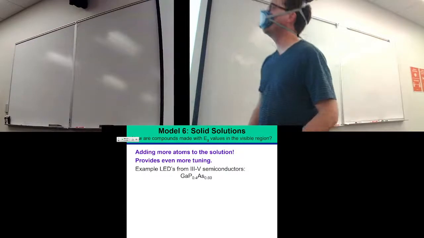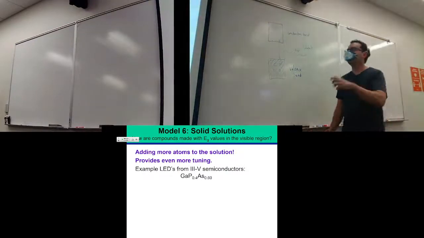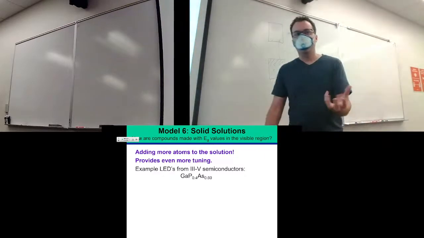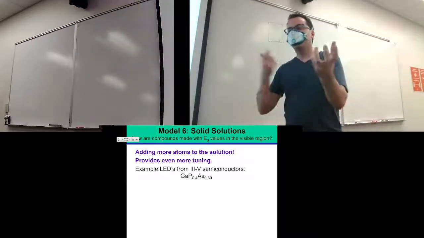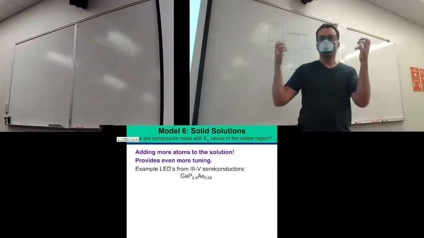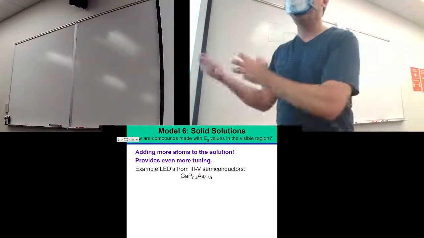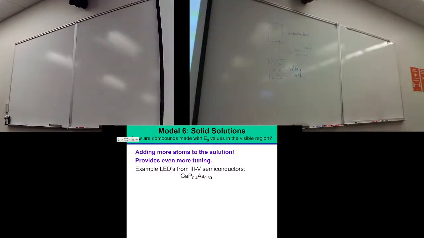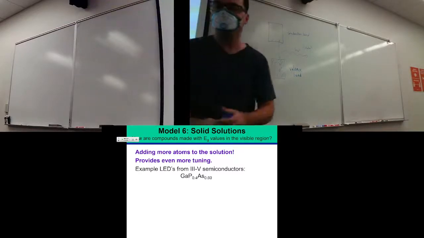I could mix gallium with a mixture of phosphorus and arsenic. But the ratio of those two amounts of group 3 and group 5 still has to be 1 and 1. I have to have equal amounts of group 3 atoms and group 5 atoms. So notice that I have 1 gallium, and if I add up the phosphorus and the arsenic, 0.4 and 0.6, I get 1 of the group 5 atom too.